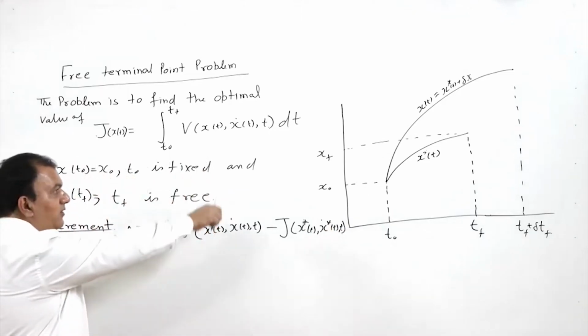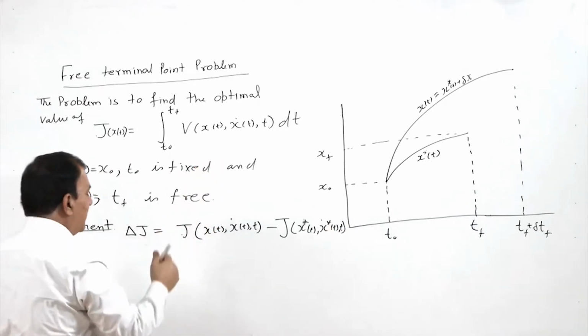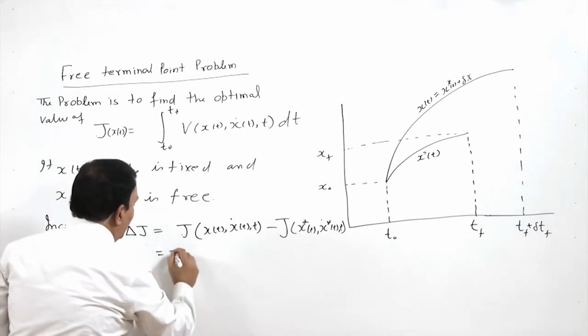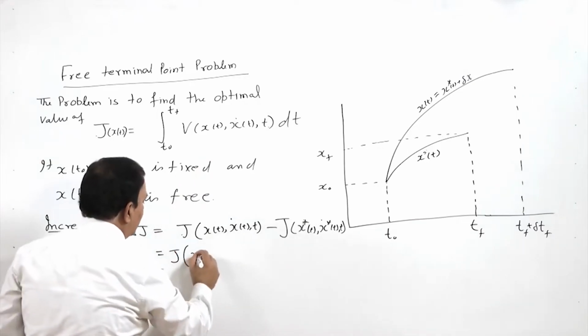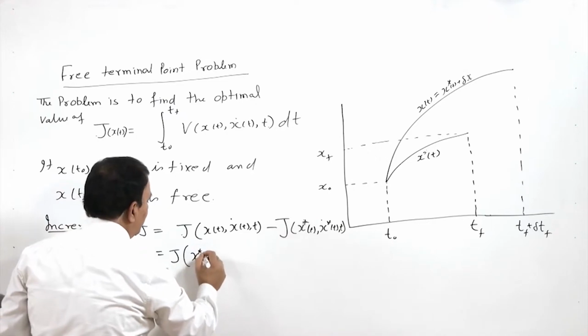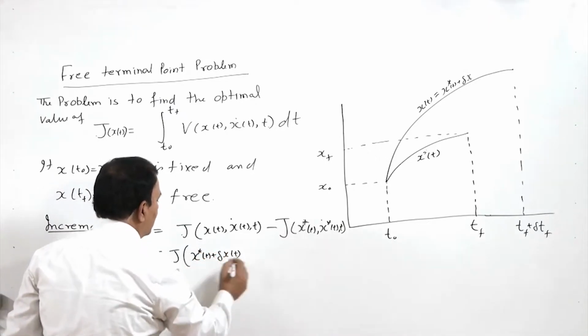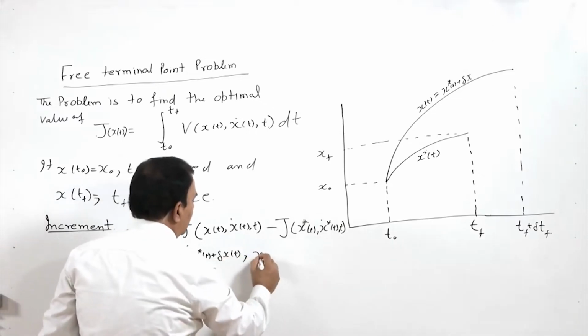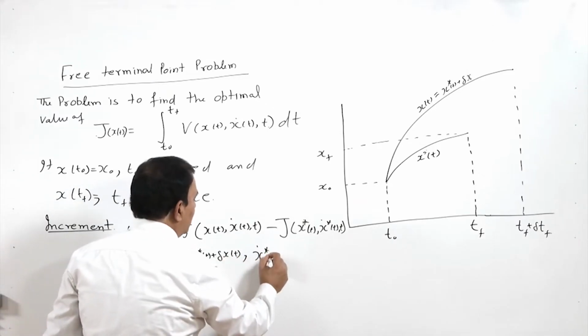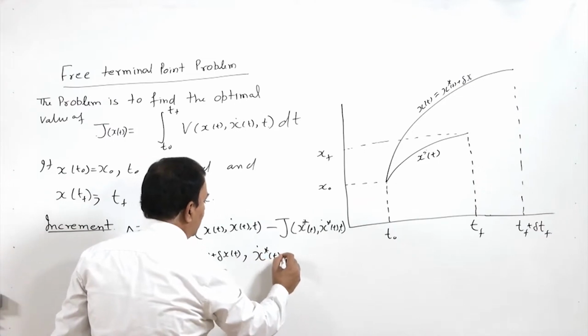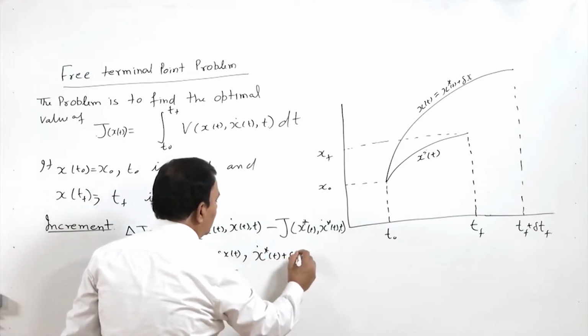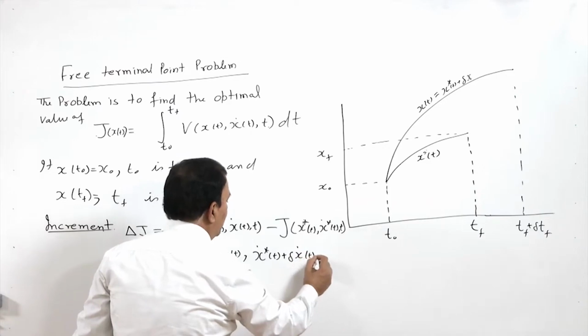What is x(t) in this case? This is x star of t plus delta x of t, and x dot star of t plus delta x dot of t.